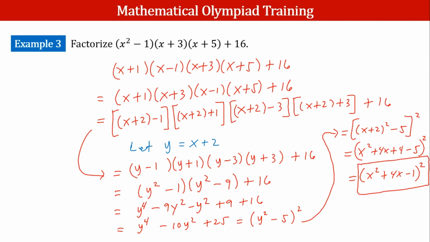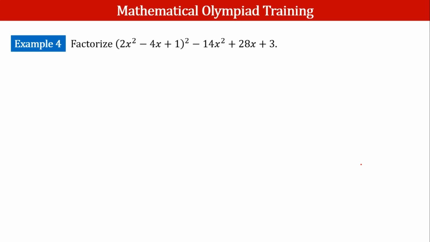Alright, let's have example number 4. Factorize this given expression. Alright, so we have a trinomial raised to 2, and it seems that we can recreate 2x squared minus 4x plus 1 in the last 3 terms, because what I mean is that we can have here a 2x squared minus 4x plus 1 if we subtract 7.